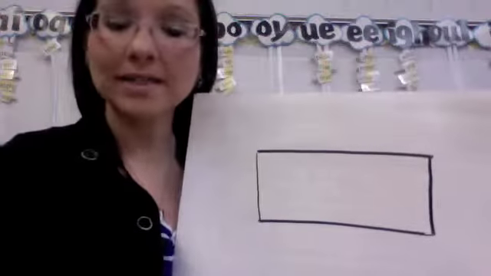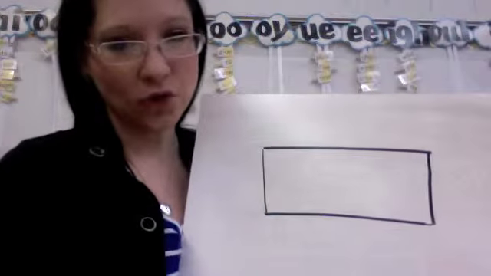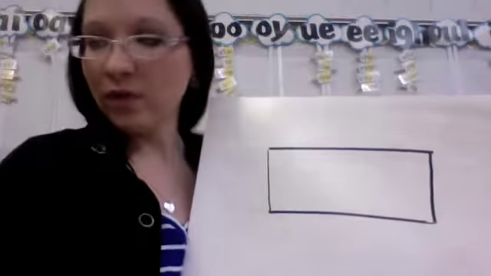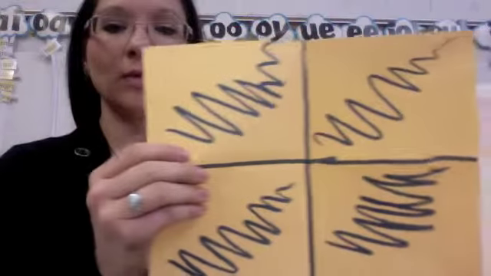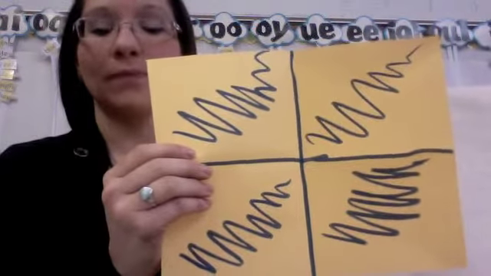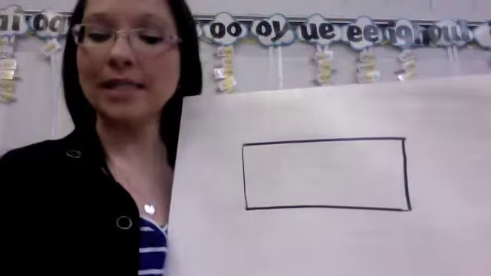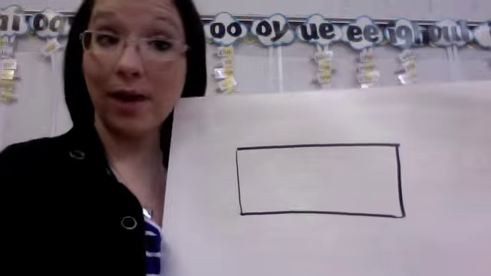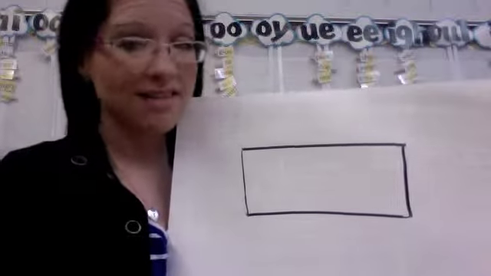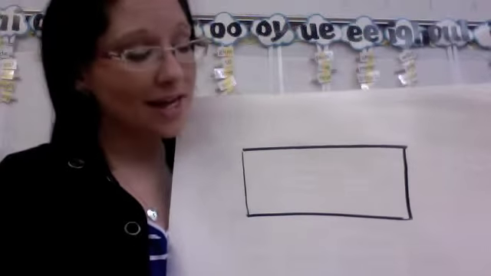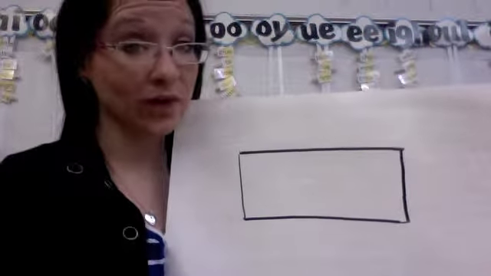There are other ways that I can split my rectangle into fourths. Before, when I did it with my folding technique, I showed you splitting it into fourths this way, okay? But now I want to split my rectangle in another way. Whenever we're partitioning a rectangle into fourths, the easiest thing to do is to turn it into halves first.